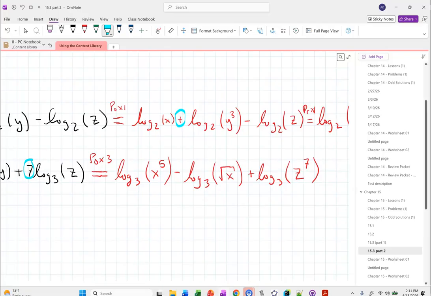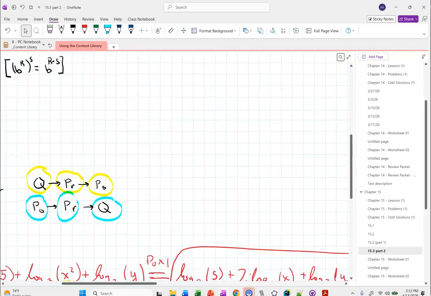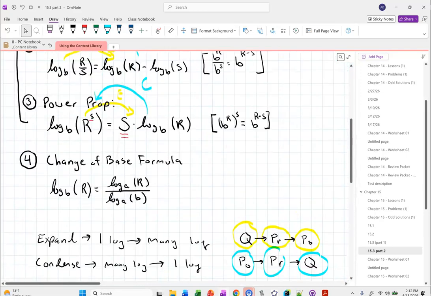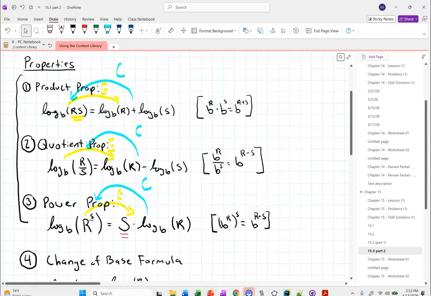So Nick, I made this problem in particular because this is another really common mistake that students make, and unless you point it out, most students are going to overlook this. Let's look very carefully at the product property as stated up here. Notice when I look at the product property, both of these logs are positive.